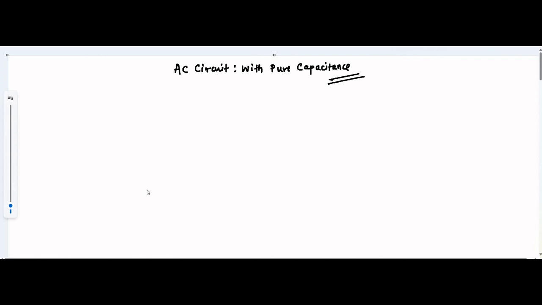Now let us say we have a circuit with a capacitor C connected to an alternating voltage source.